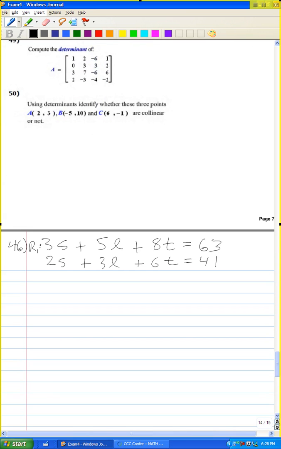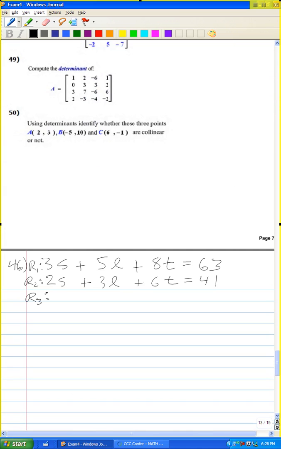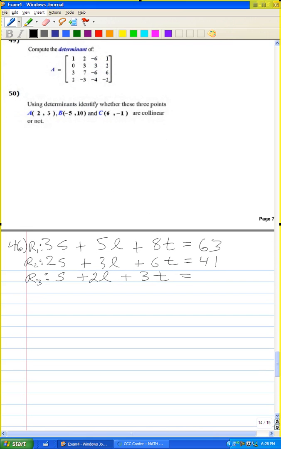Let me call this R1, R2, R3. And lastly, one small pickup, one large pickup, and 3 large trucks. It needed to deliver 24 large dressers.